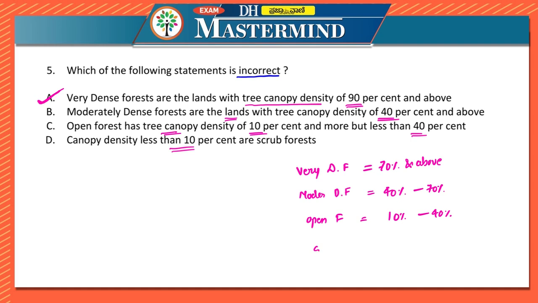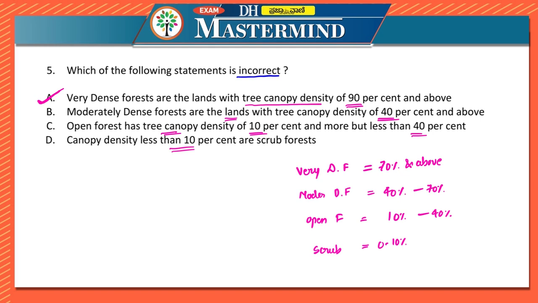Then there is scrub forest, which is less than 10%. So the geographical area under this category itself in case of India is around 1.42%, and all these are mentioned in the India State of Forest Report.